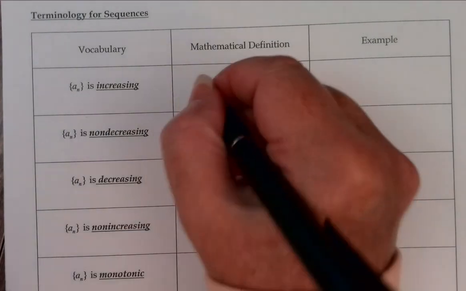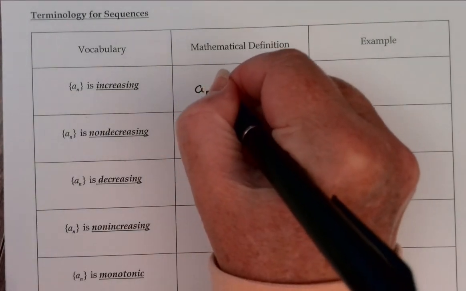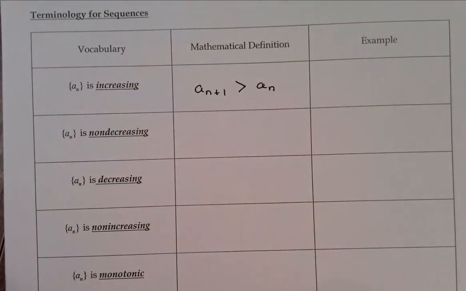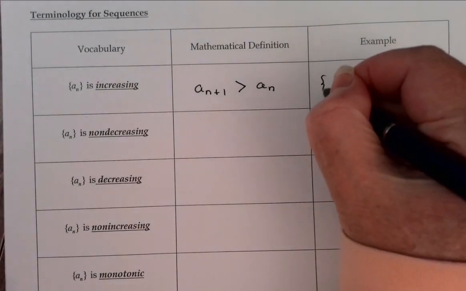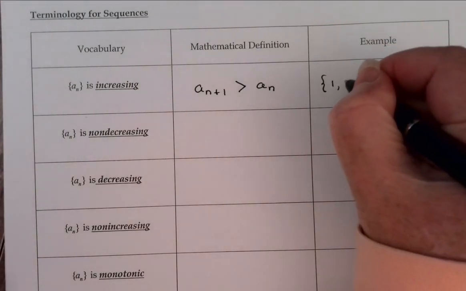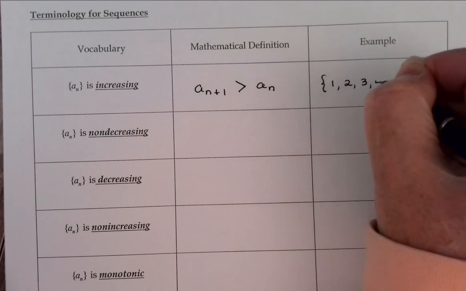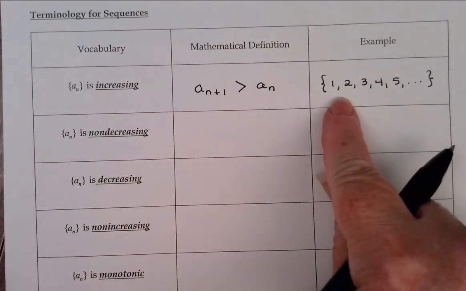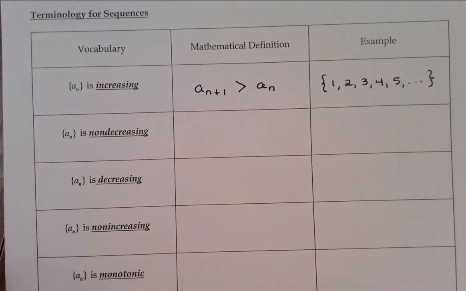So mathematically, we would say a sub n plus 1 is bigger than a sub n. Easy example of an increasing sequence, just the counting numbers: 1, 2, 3, 4, 5. Each term is larger than the previous term.